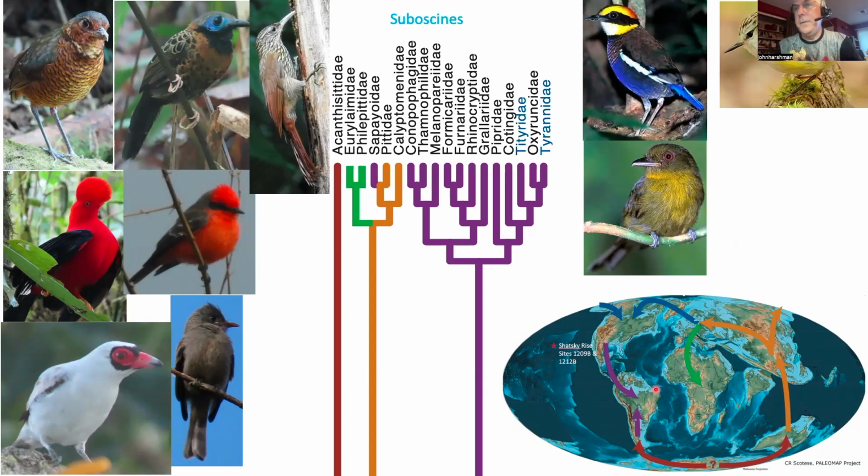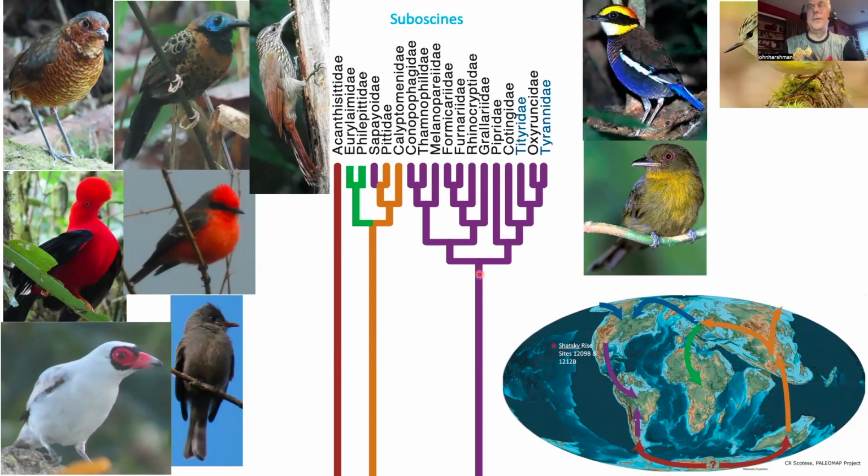Right? All these roots here are not the only roots. Somehow, some little bird got its way from Africa into South America, and he stayed there. And this is the broad-billed sapayoa. He's an Old World suboscine in the New World.